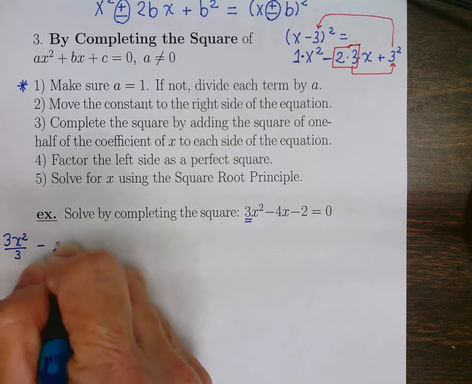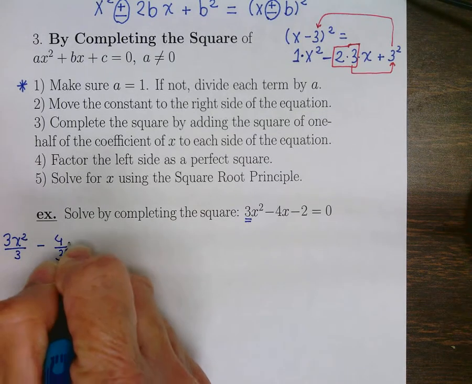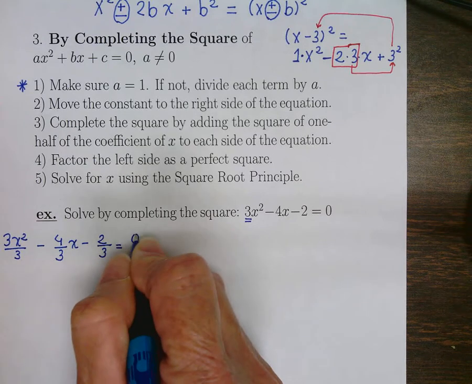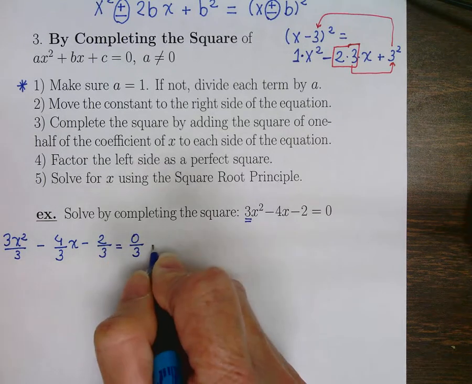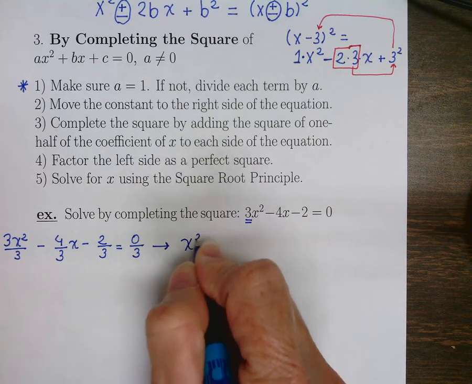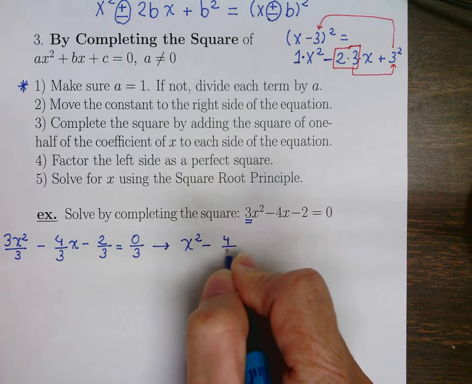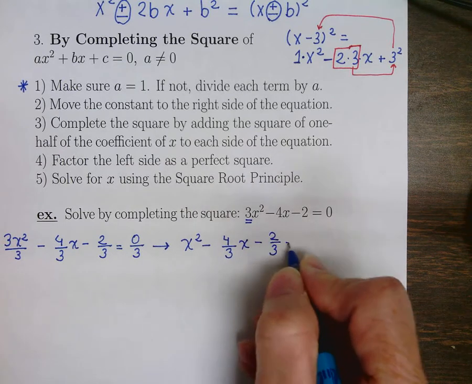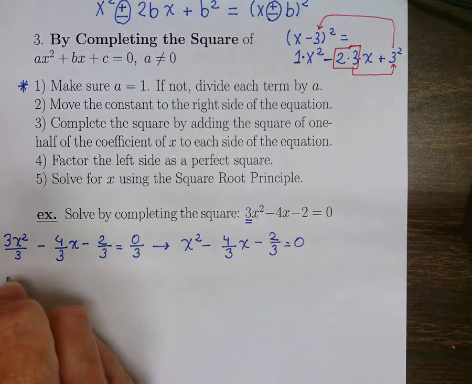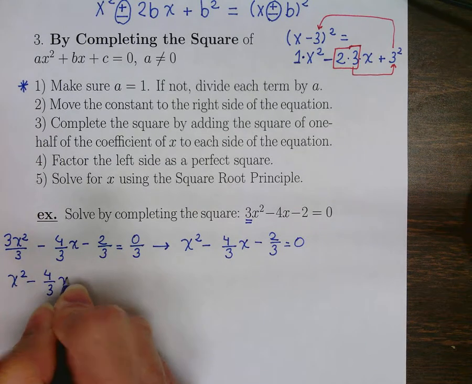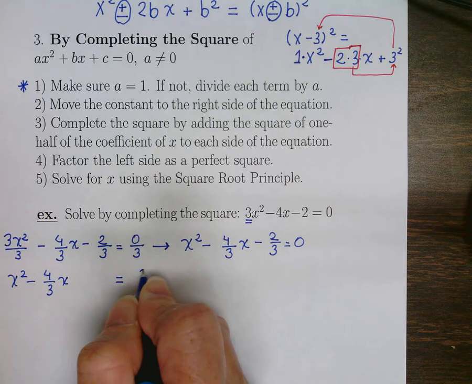And again, to maintain an equivalent equation, I have to divide each term by 3. And notice since I have 0 on one side, that's just going to stay as 0. So it'll be x squared minus 4/3 x minus 2/3 equals 0. And so I get x squared minus 4/3 x equals 2/3.